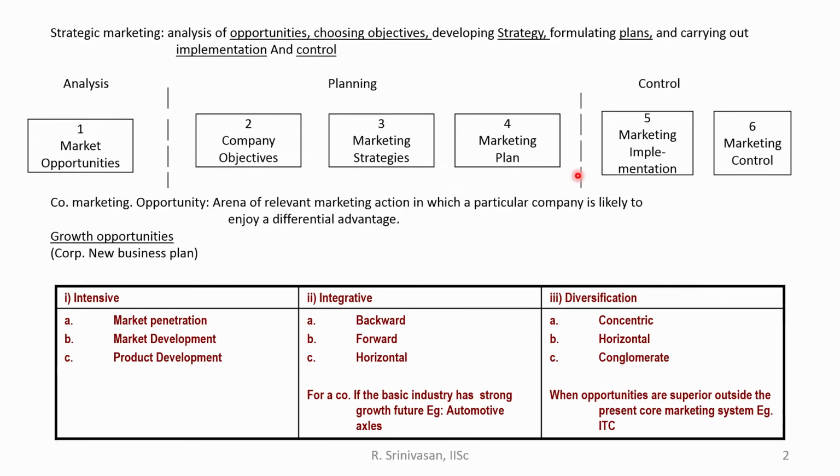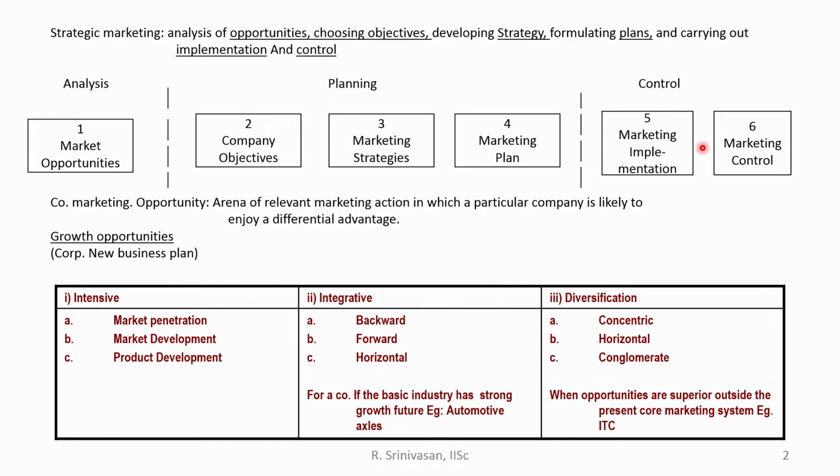After this marketing plan, the third compartment is where we look at marketing implementation and marketing control. So, this strategic marketing can be visualized in three compartments: analysis, planning, and control.